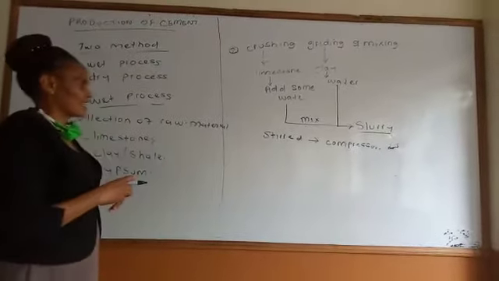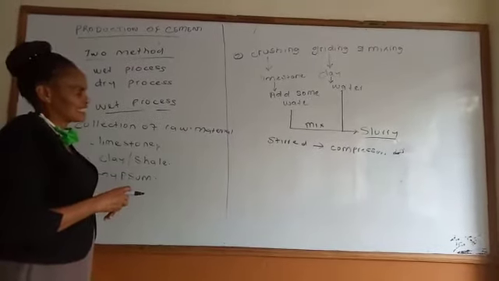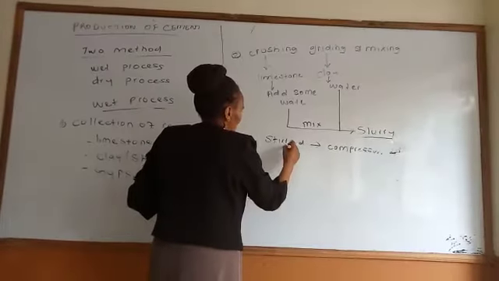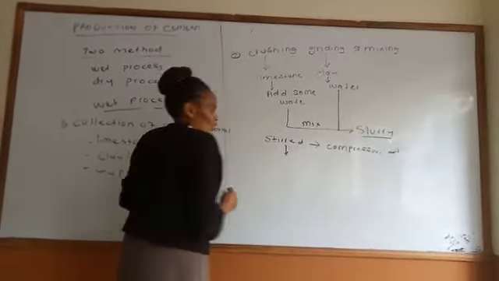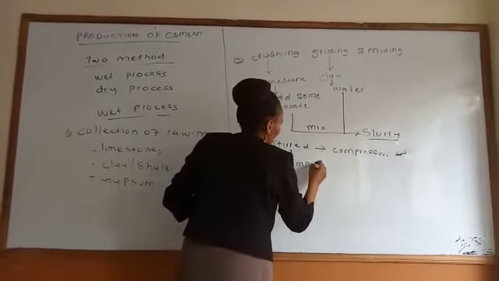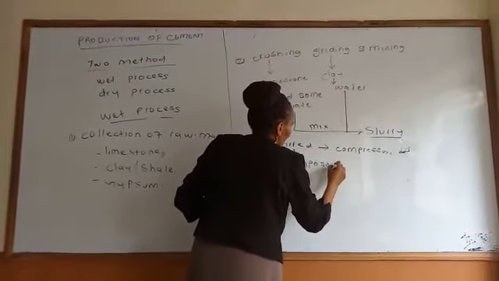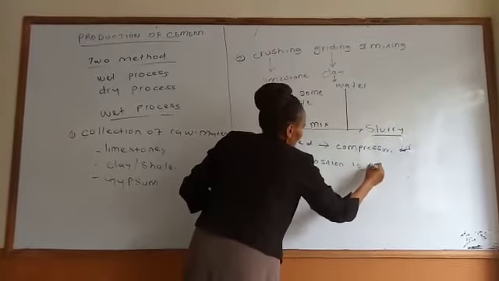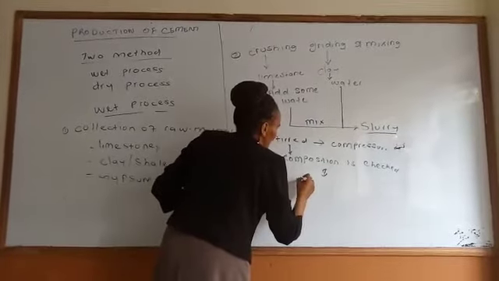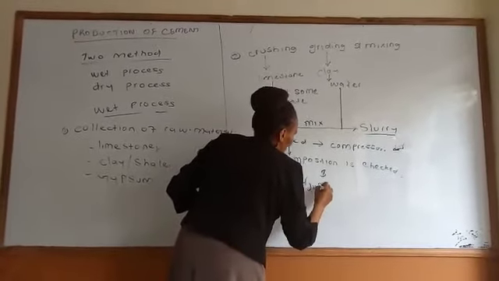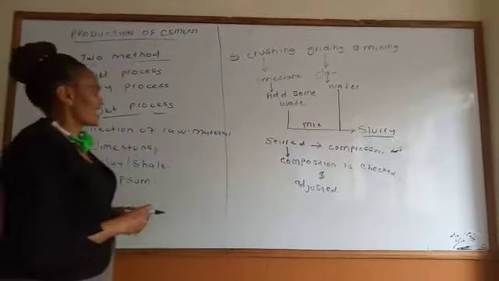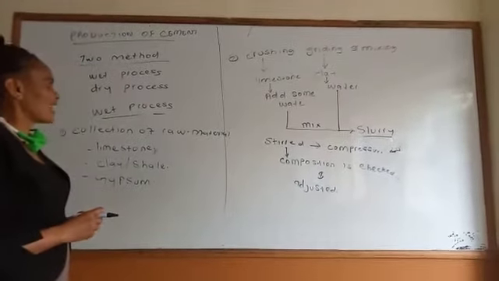That keeps stirring it, and then before you get to the next step, the composition of this is checked and adjusted. And once it is found to be correct, then we go to the third step.